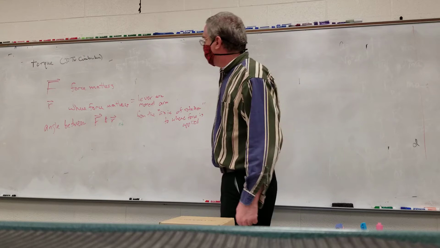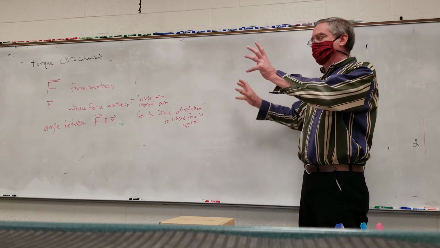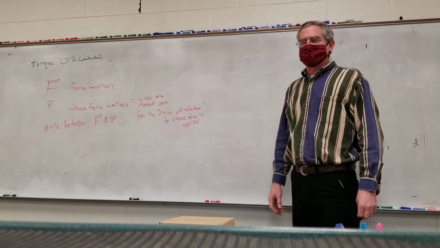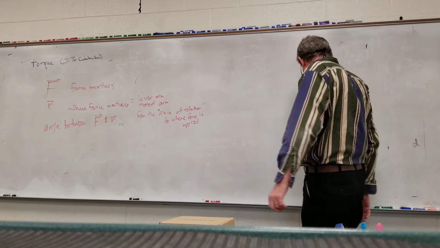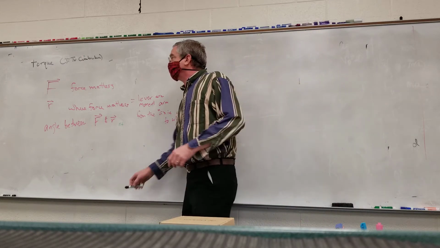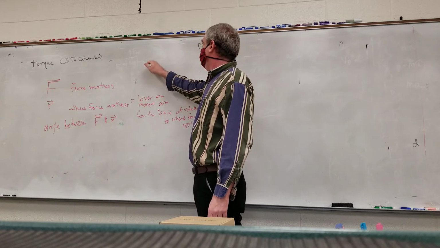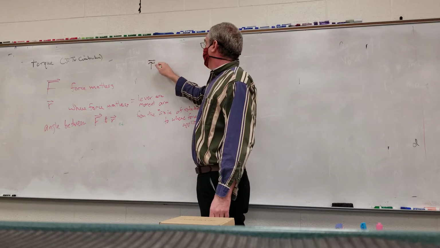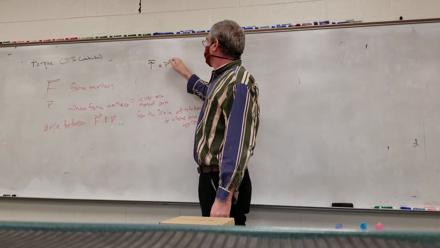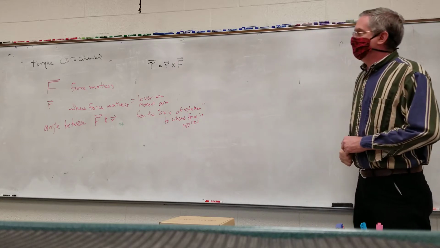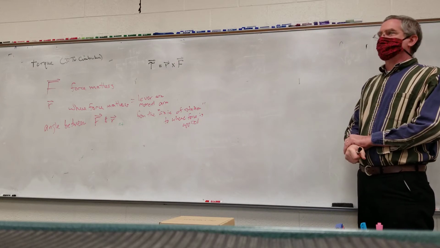So we can, of course, write this out in long words, but physicists are nothing if not attempting to write things in as few character strokes as possible. So they came up with an equation, of course. Torque is R cross F. That sums up everything we just discussed.